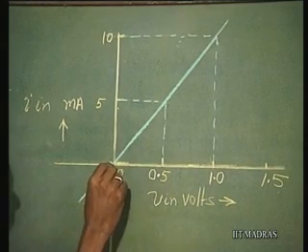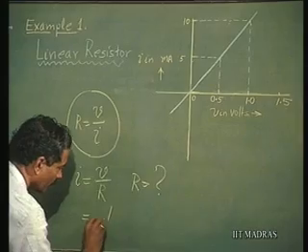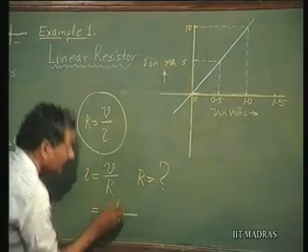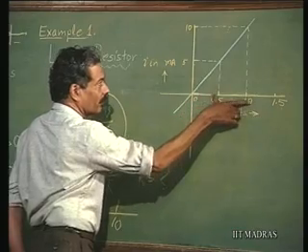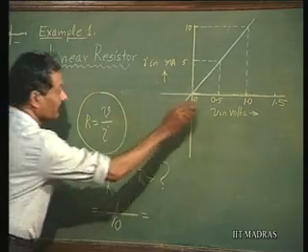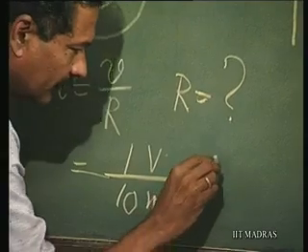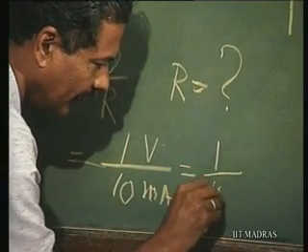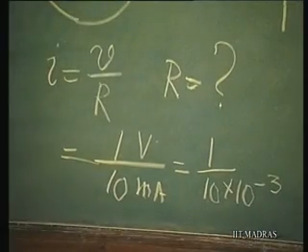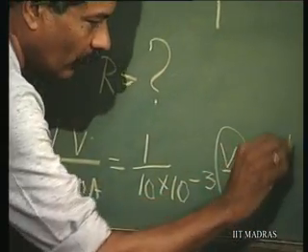So, let us find out what it is. Here 1 volt divided by this change, 10 milliamperes, gives you the resistance: 1 volt by 10 milliamperes, which will be nothing but 1 divided by 10 into 10 to power minus 3 volts divided by amperes, which is called ohms.